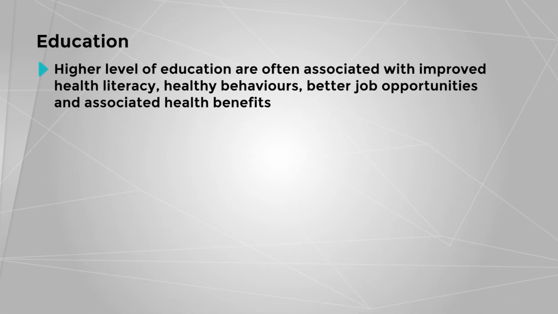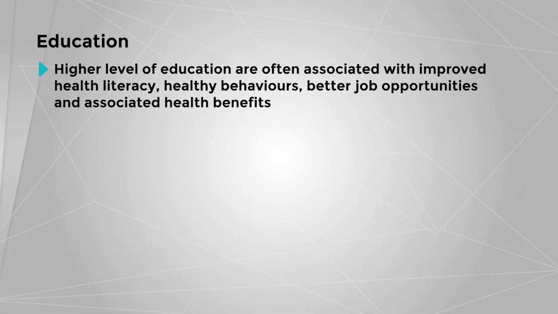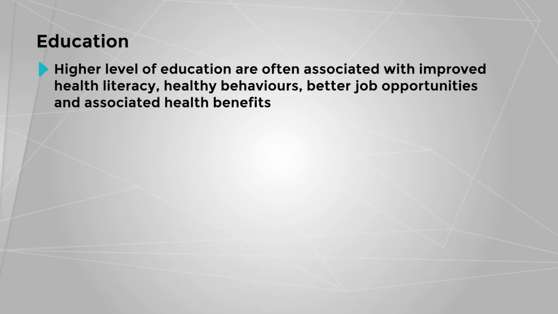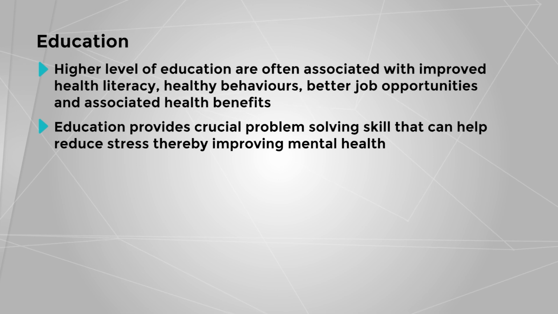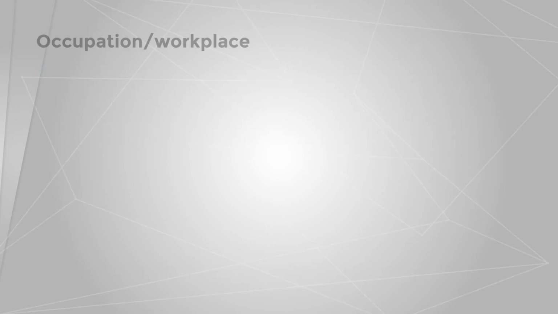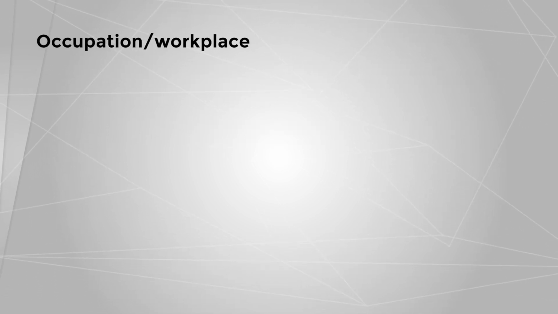Education. High levels of education are often associated with improved health literacy, healthy behaviors, better job opportunities, and associated health benefits. Education provides crucial problem solving skills that can help reduce stress, thereby improving mental health. Occupation or workplace.